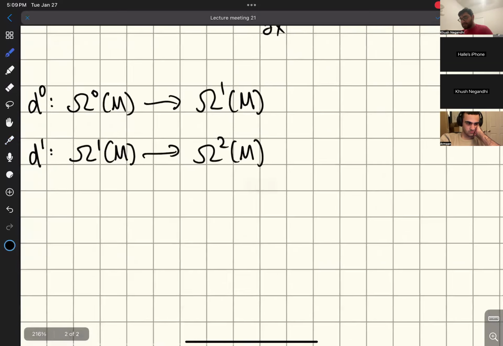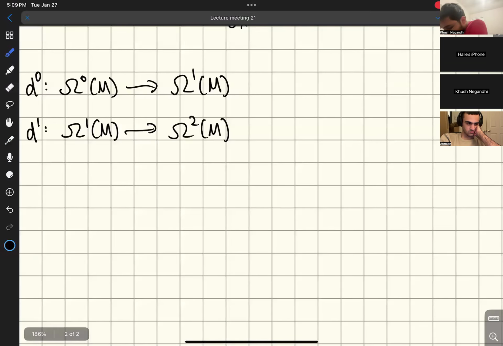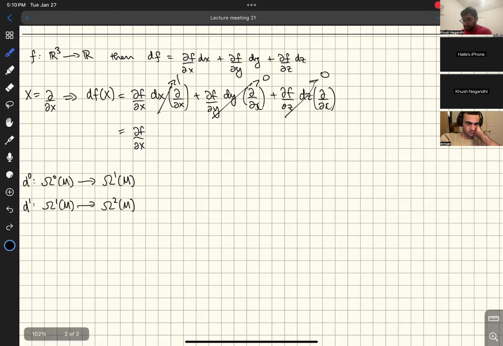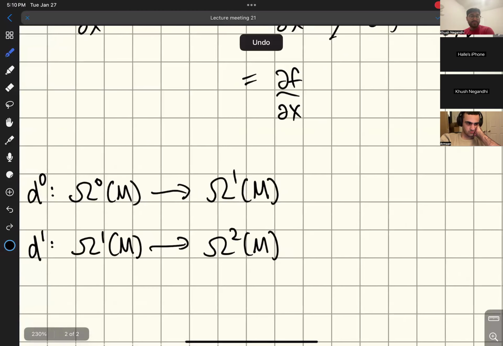So I'll just give you the theoretical definition. Actually, before I say this, one thing I want to notice is that in the space of zero forms, i.e. smooth functions, the wedge product is nothing more than multiplication.